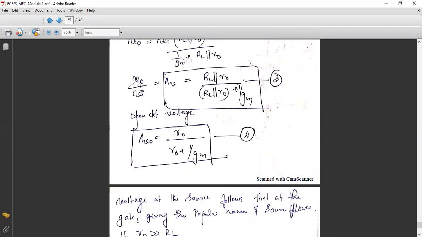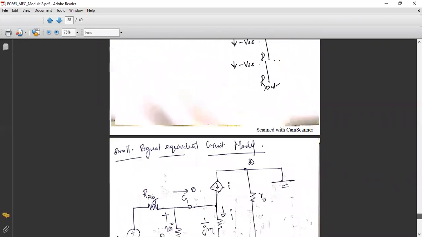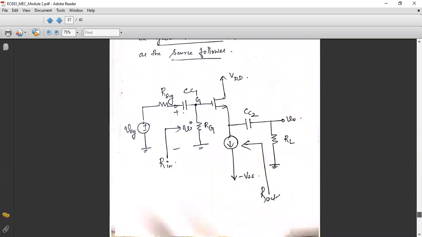Here the gain is unity. It is a unity gain amplifier. That is the speciality of the common drain amplifier, or the source follower. Why is it known as source follower? Because the output follows the source. You are taking the output from the source, which is the same as Vi. Whatever you have here as Vi, the same Vi appears across V0 or the load, so the ratio becomes 1.